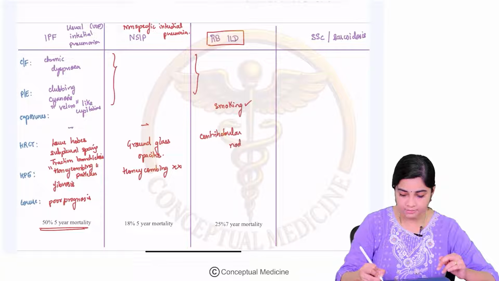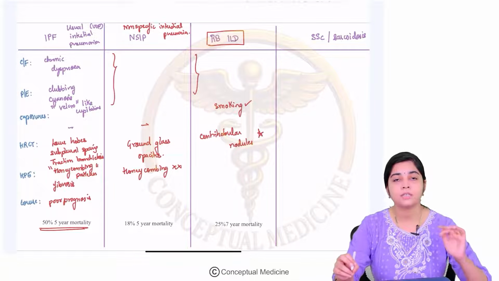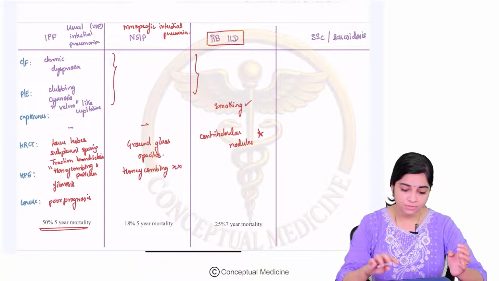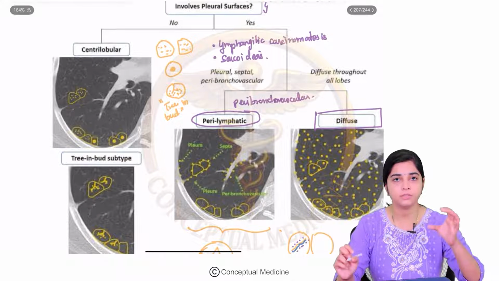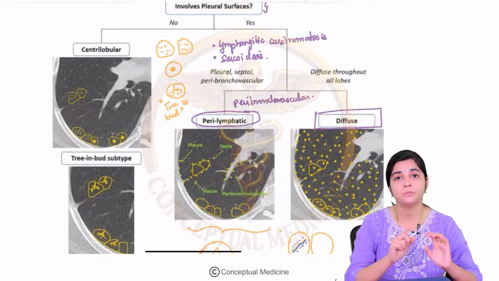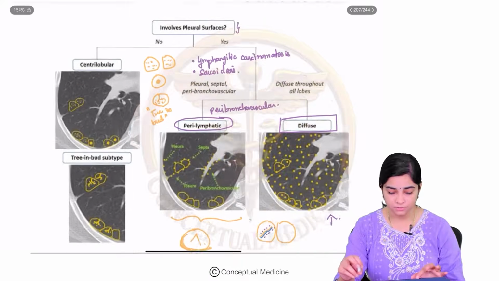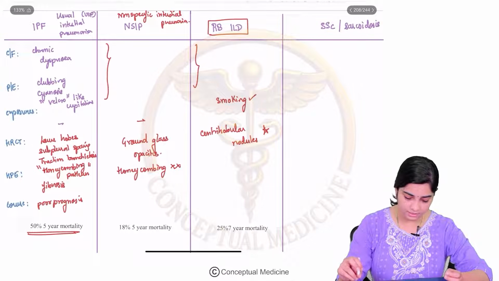So this is what I was trying to explain in the previous slide. We will look at it once more. This is your centrilobular nodule. So within the lobule you have multiple nodules, right? So the presence of centrilobular nodules is seen in respiratory bronchiolitis associated ILD.